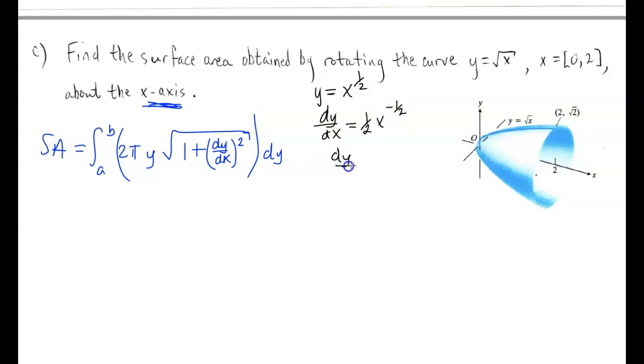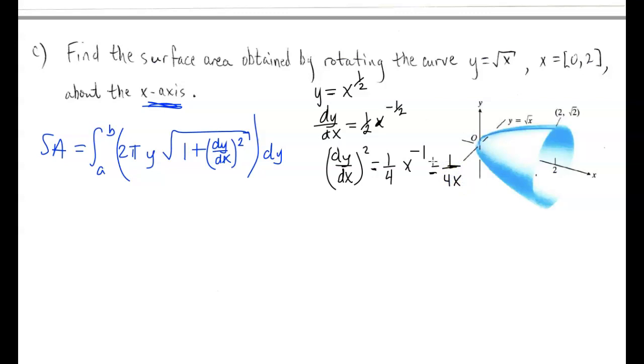And of course, if we square that, 1/2 times 1/2 will be 1/4, and if we square x raised to the negative 1/2, we will just get x raised to the negative 1. So simply speaking, this would just be 1 divided by 4x.